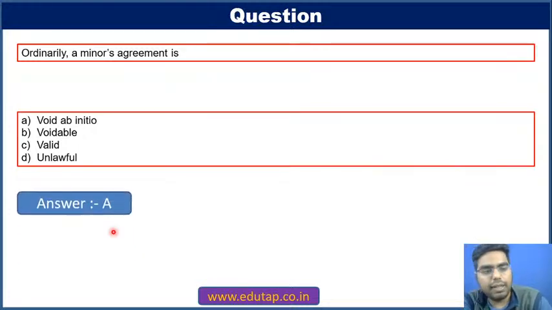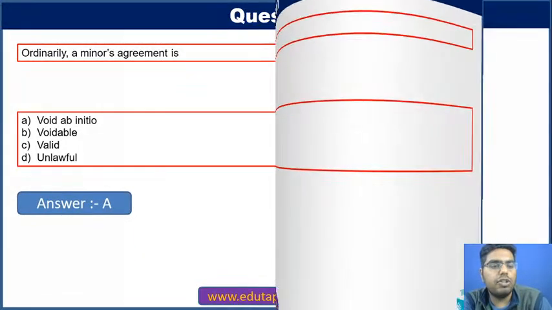Yes, it is A, absolutely correct. A minor's agreement is void ab initio.